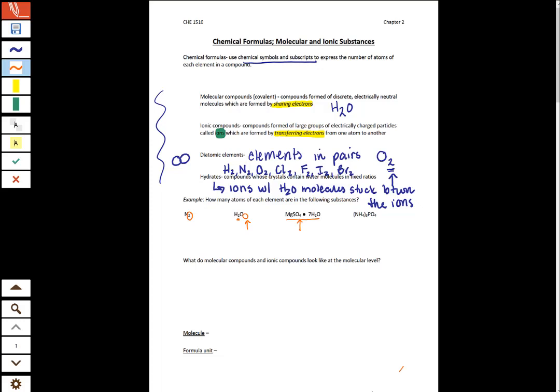And then when we look at hydrates and we see this 7H2O, that 7 is like kind of math class, right? Where that 7 gets distributed to the 2 and also to the invisible 1 for the oxygen. So you have 14 H and 7 oxygen there. And then the last one is a little on the tricky side.